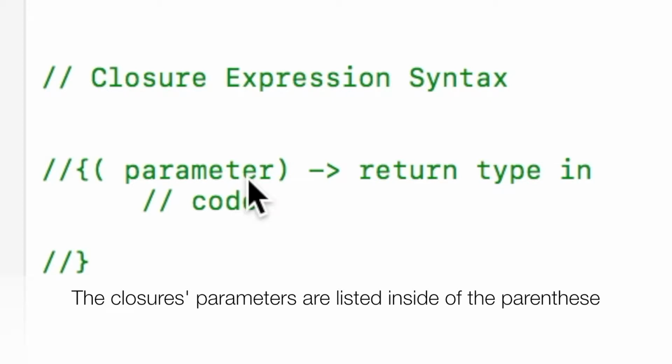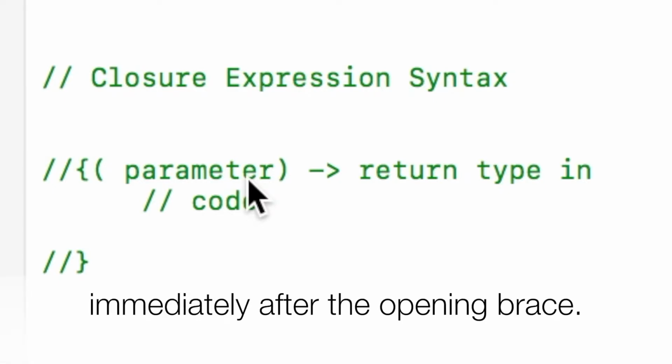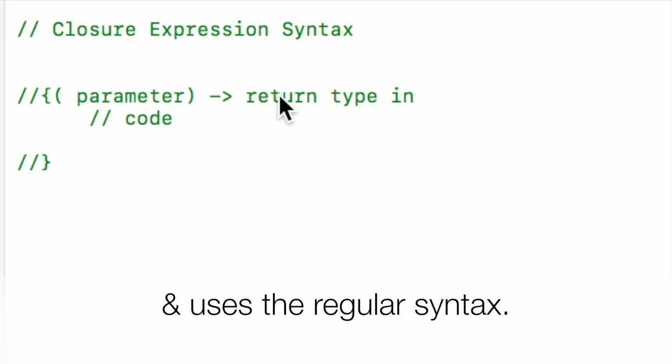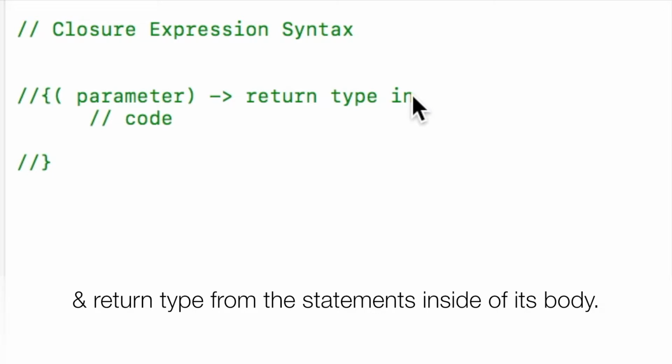The closure parameters are listed inside of the parentheses immediately after the opening brace. Each return type comes after the parameters and uses the regular syntax. The keyword in is used to separate the closure parameters and return type from the statements inside of the body.